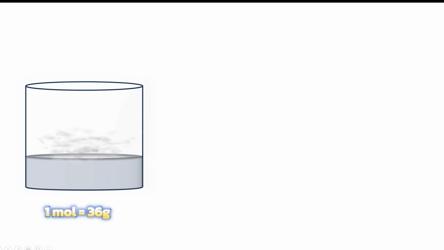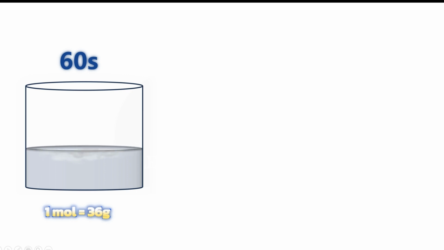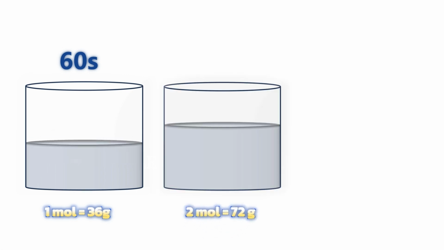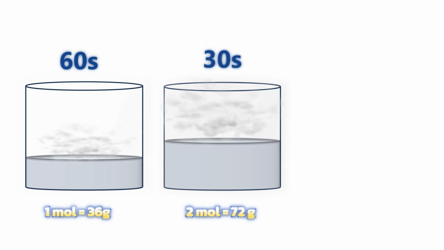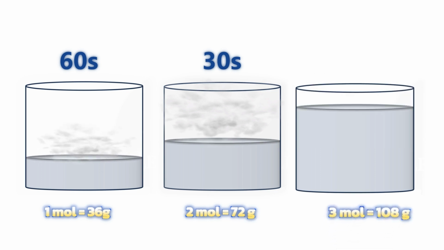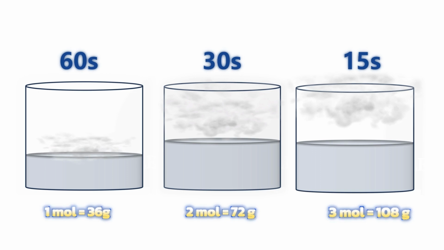Let's consider it takes 1 minute to decompose. If we take 72 grams, then it only takes 30 seconds to decompose. If we take 108 gram, then it takes only 15 seconds to decompose.